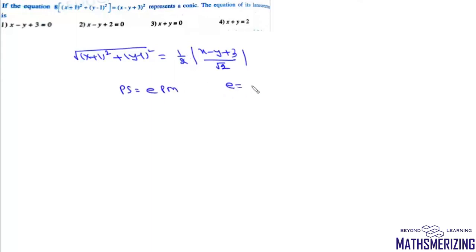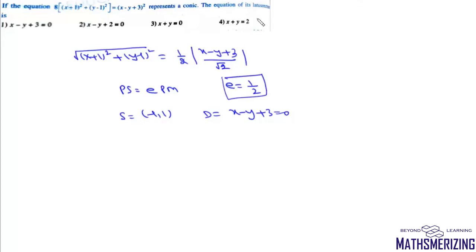So for this conic, value of E is 1 by 2. Focus is at minus 1 comma 1 and directrix is x minus y plus 3 equals 0. Since eccentricity is 1 by 2, this conic represents an ellipse.